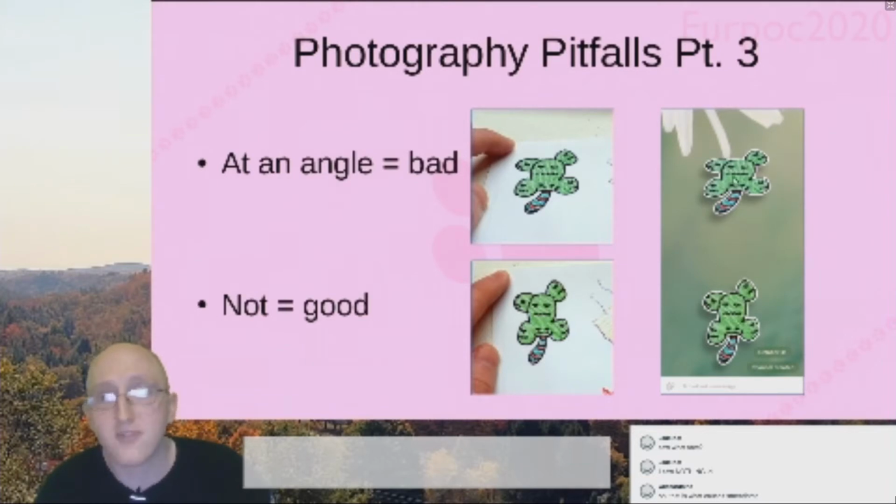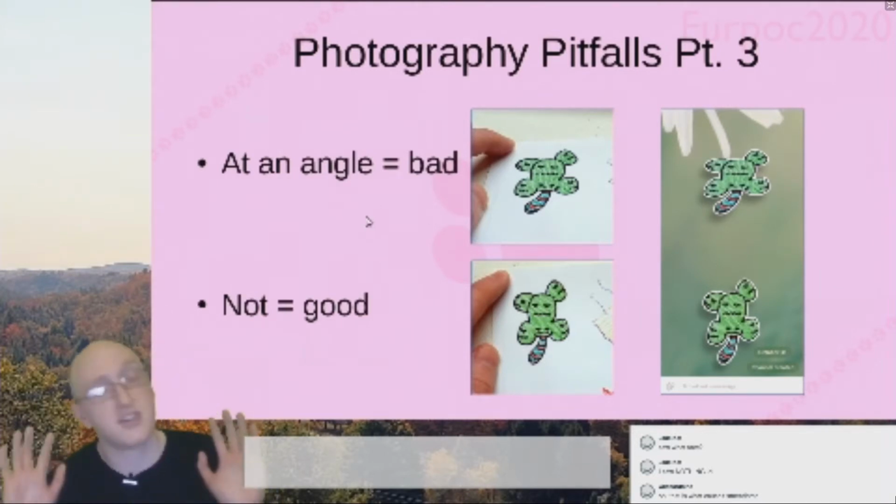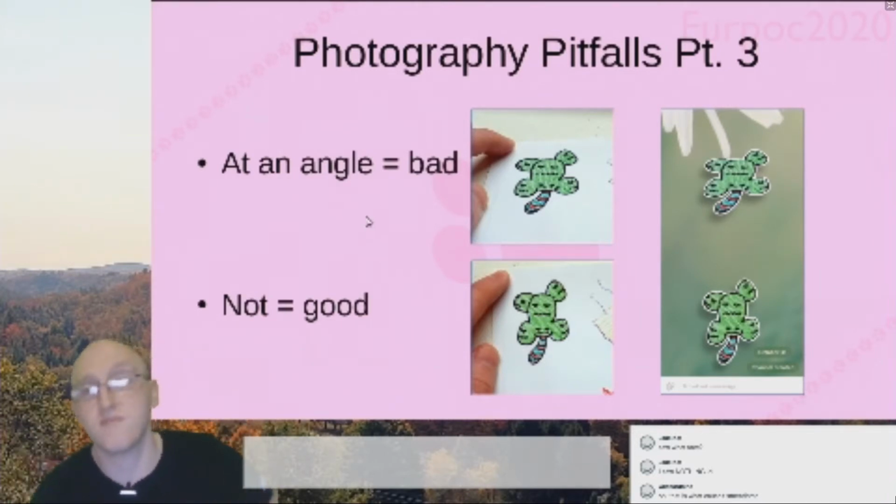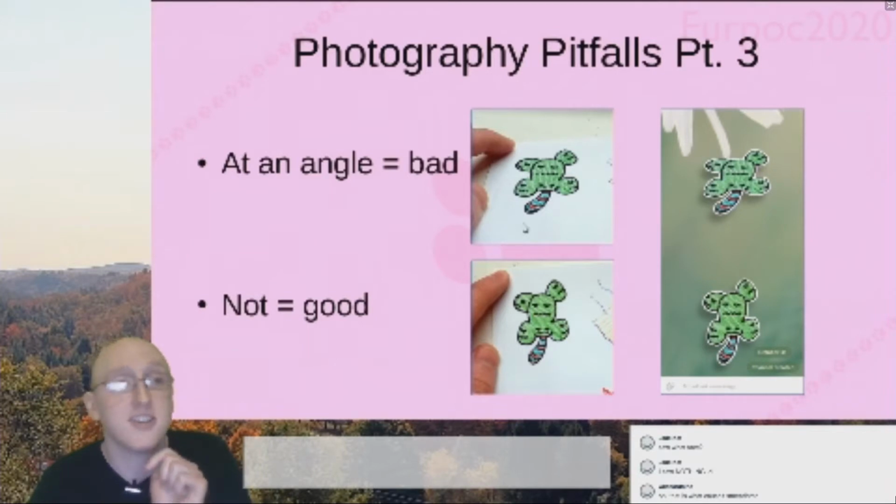And we probably don't want it to look smooshed, unless that's your thing. I'm not judging. But if you want it to look the way it does on the paper, shoot it from straight ahead. Now, the smushing you can actually correct in post, so to speak, when we get into image editing. If we have time, I'll go over how to do that. But again, it's easier to prevent it up front.